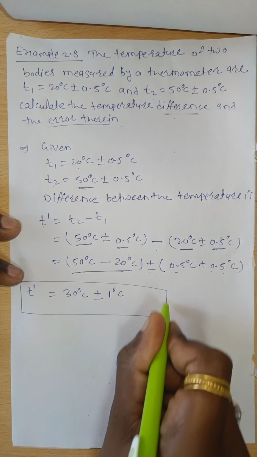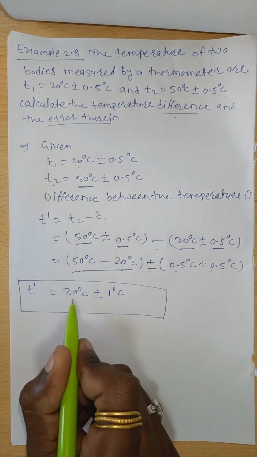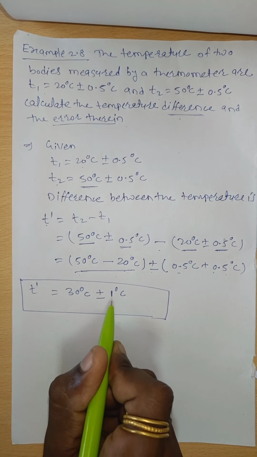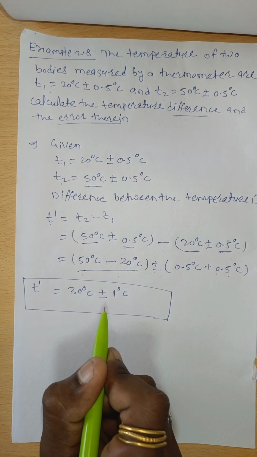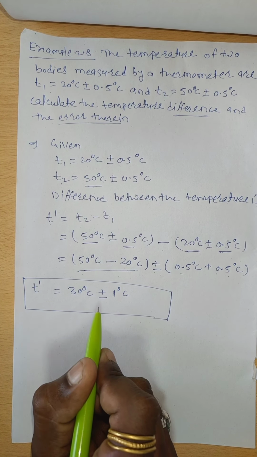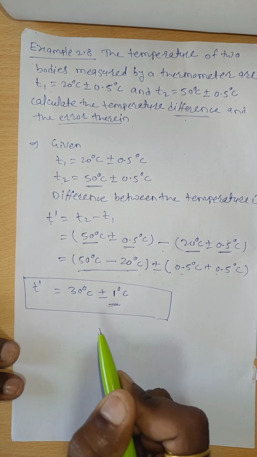Therefore the difference between the temperatures in the thermometers is 30 degrees Celsius plus or minus 1 degree Celsius. The error occurring while taking the difference between the thermometer readings is 1 degree Celsius.